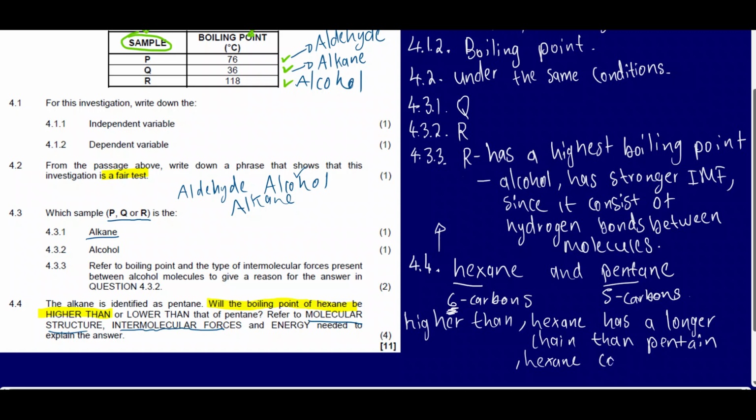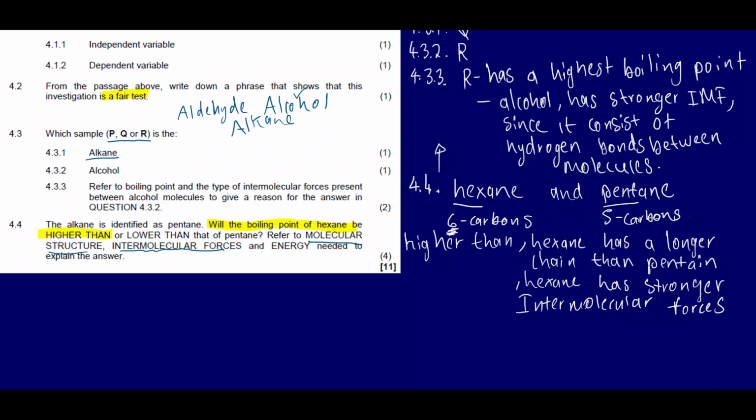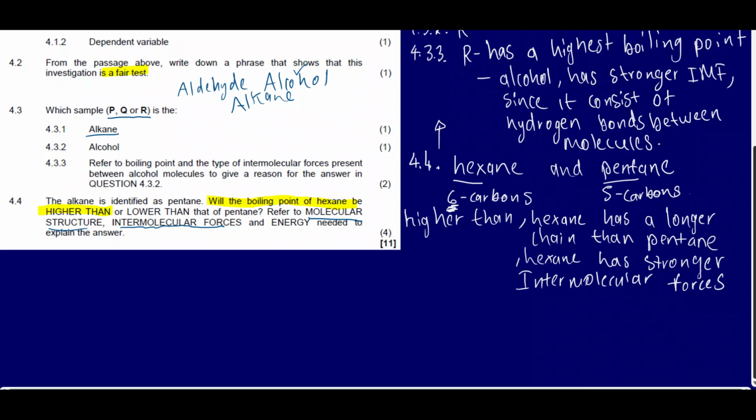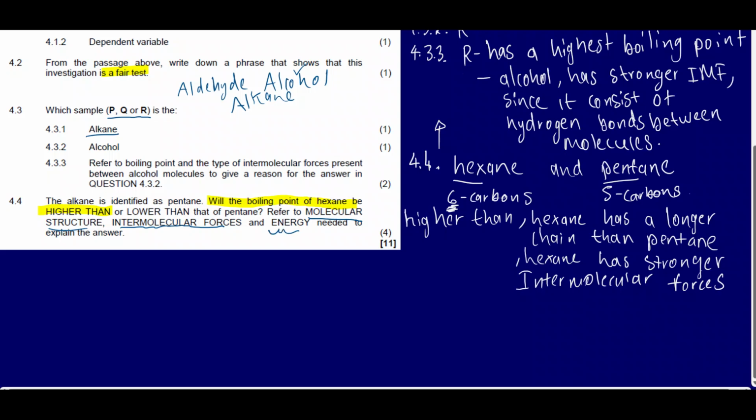So we can say hexane has stronger intermolecular forces. Right? Yes, it has stronger intermolecular forces there.